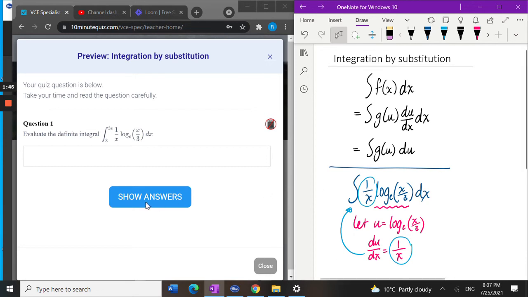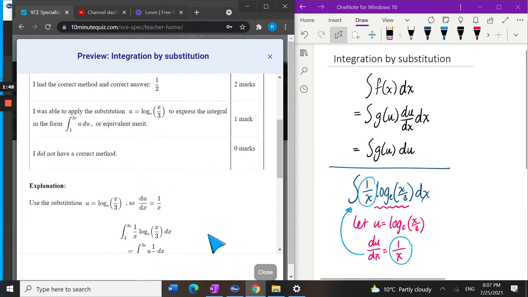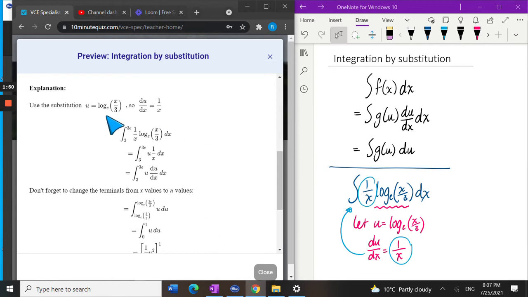So let's have a look at the solutions here. We let u equals log of x over 3, du dx is 1 over x. So we can replace the log of x over 3 with u, and we can replace the 1 over x with du dx. And then, as we said, this is just going to become an integral of u du.